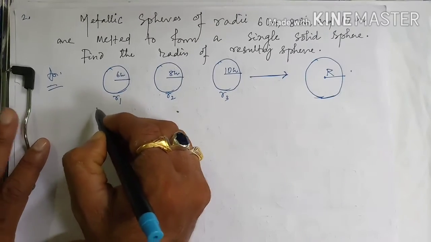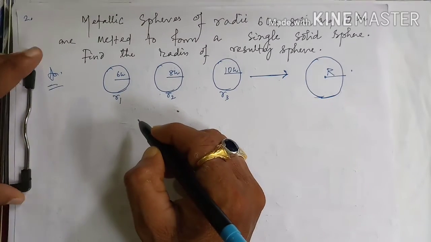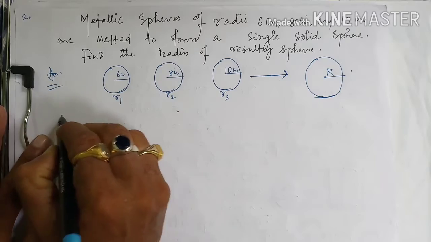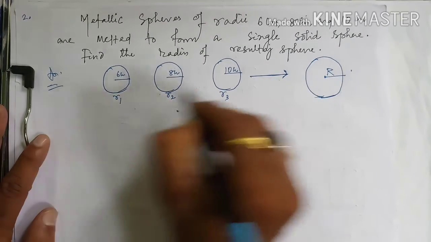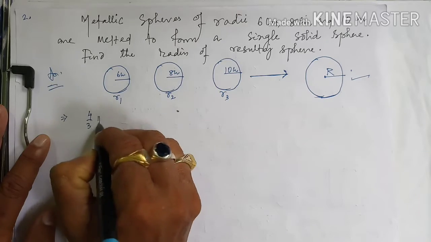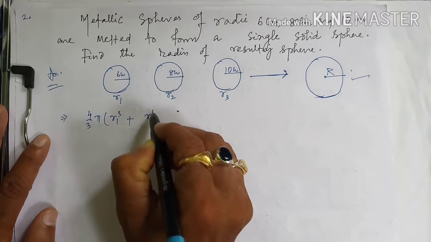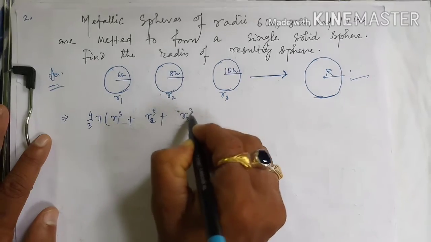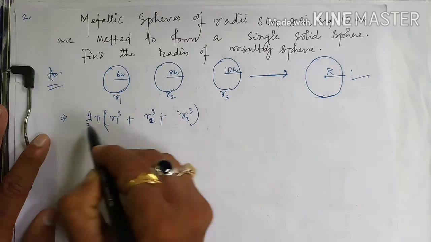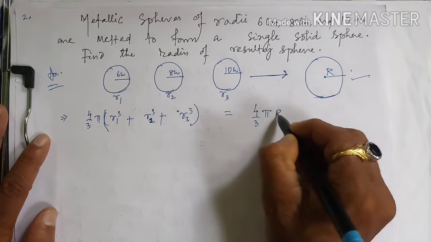Now it is melted into a single sphere; melting and conversion are concepts related to volume. Therefore, the sum of the volumes of all the spheres is equal to the volume of the final sphere. So we can write 4 by 3 pi R1 cube plus 4 by 3 pi R2 cube plus 4 by 3 pi R3 cube is equal to 4 by 3 pi R cube.